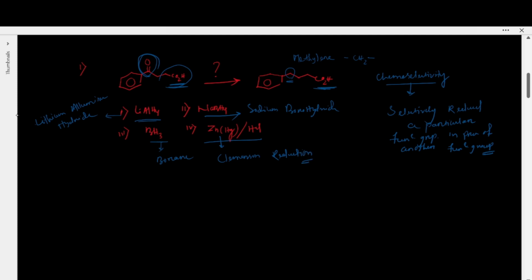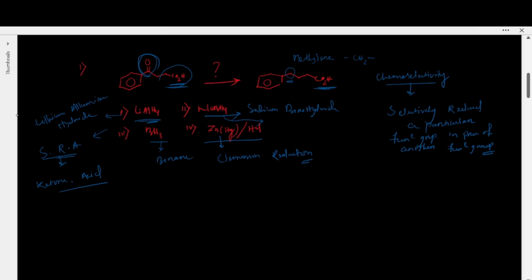So lithium aluminum hydride is a strong reducing agent, so it can reduce both the ketone and the acid. Sodium borohydride is a less reactive reducing agent as compared to lithium aluminum hydride.